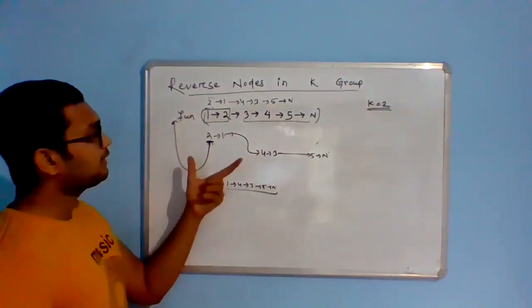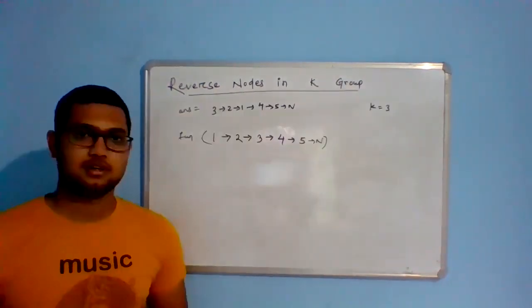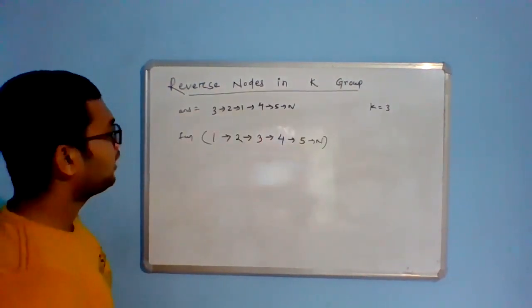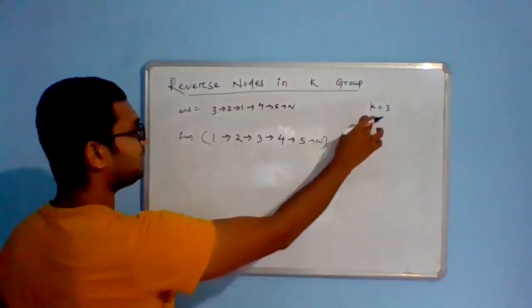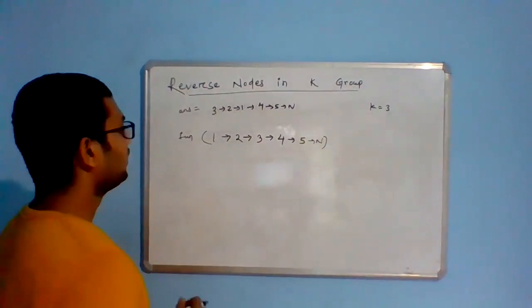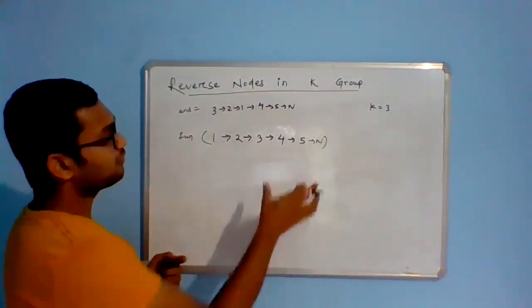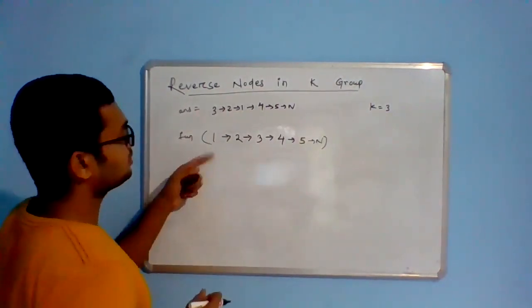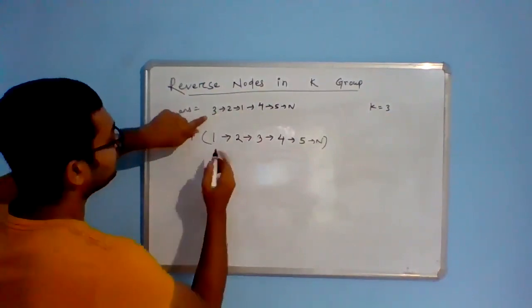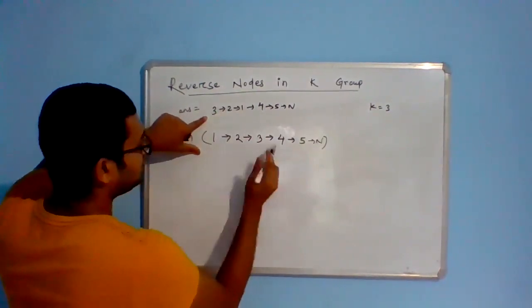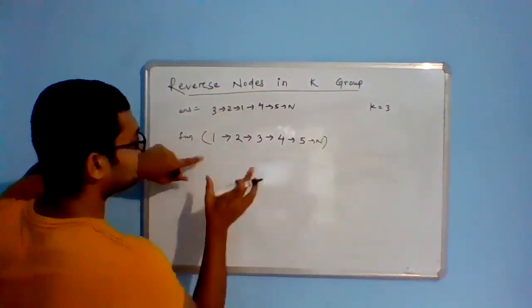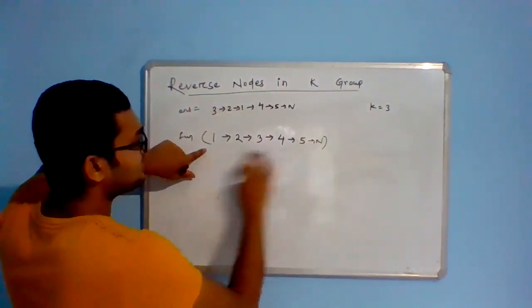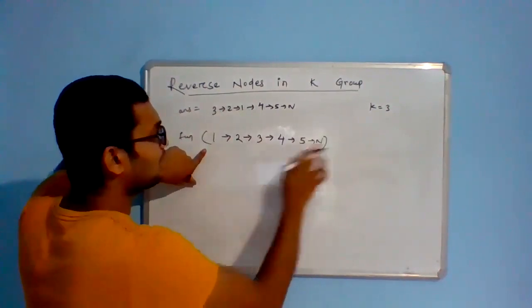So let's make it a little bit complicated now. All right, guys. Let's say that we have this linked list again, but the k value is now 3. So what is the answer for this case? The answer will be the reverse version of every k-size sublist. But we can see that the total size of this linked list is not a multiple of k.